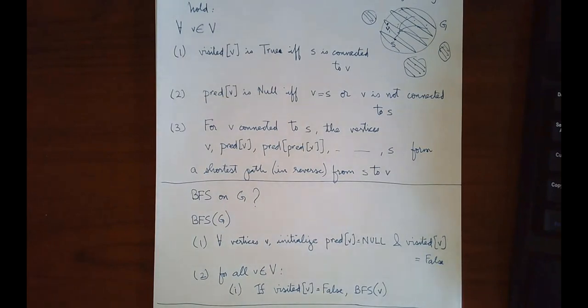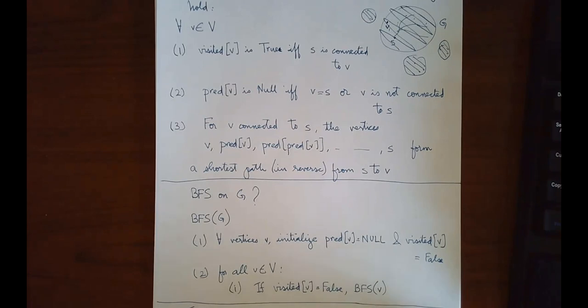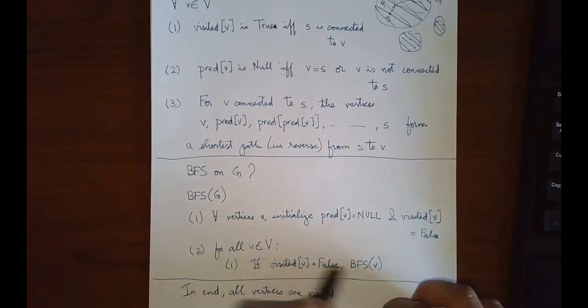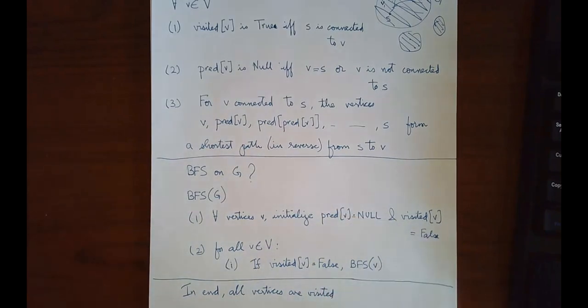So what is the output then? We know that in the end, all the vertices are going to be visited, so all the visited entries are going to be true. What is the predecessor array going to look like? What does it give you? Any thoughts? It's all the nodes that have ever been visited. But remember that when you call BFS of S, the predecessor array represents a tree.